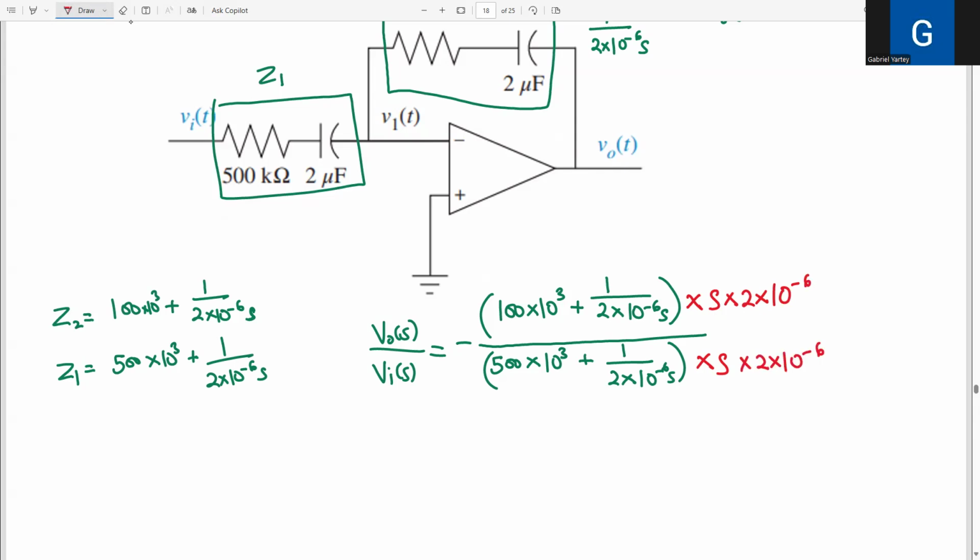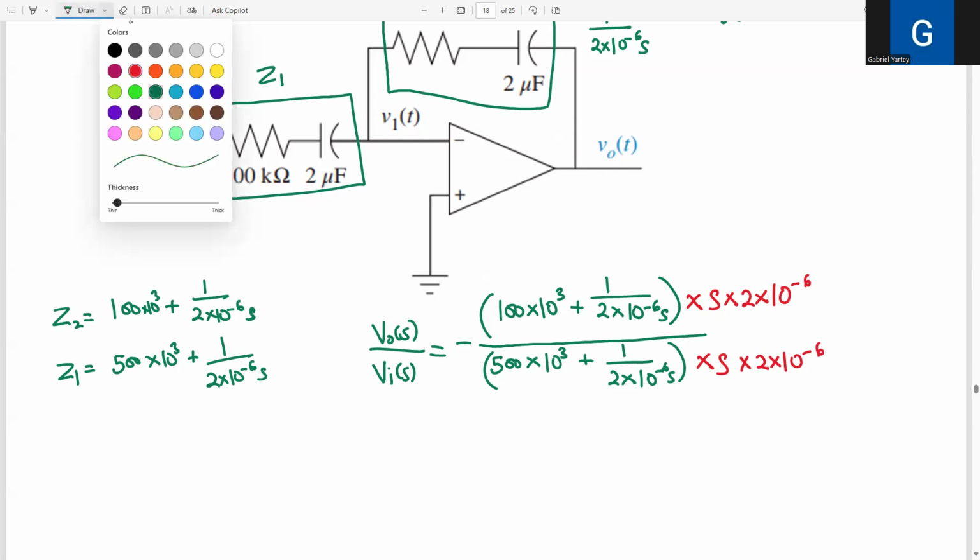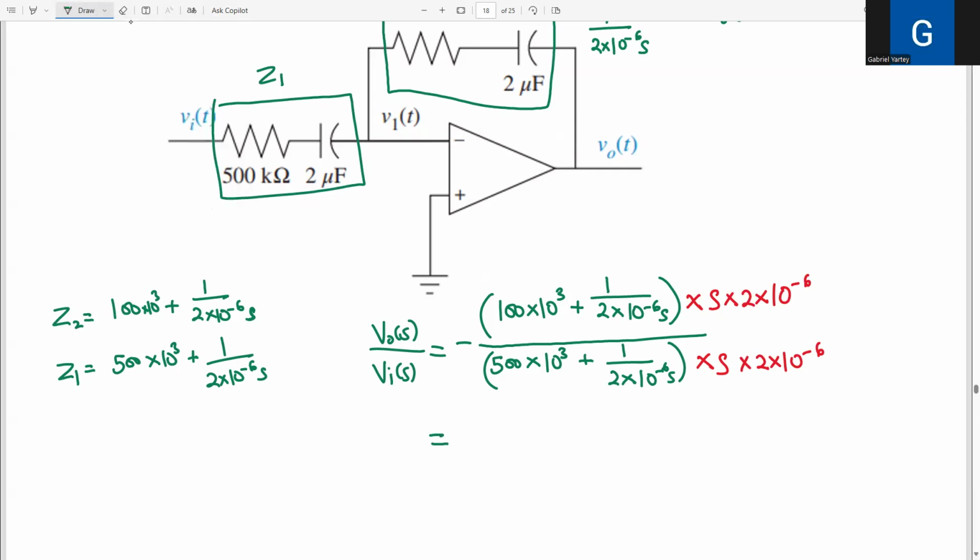Right? When I multiply this whole thing by this whole thing, I get 100 times 10 to the power 3 times S times 2 times 10 to the power minus 6 plus, this S here cancels the S here, and this 2 times 10 to the power minus 6 cancels the 2 times 10 to the power minus 6 here.